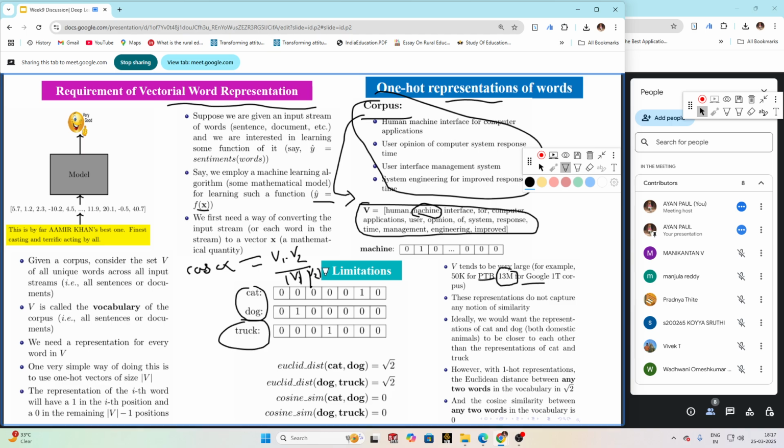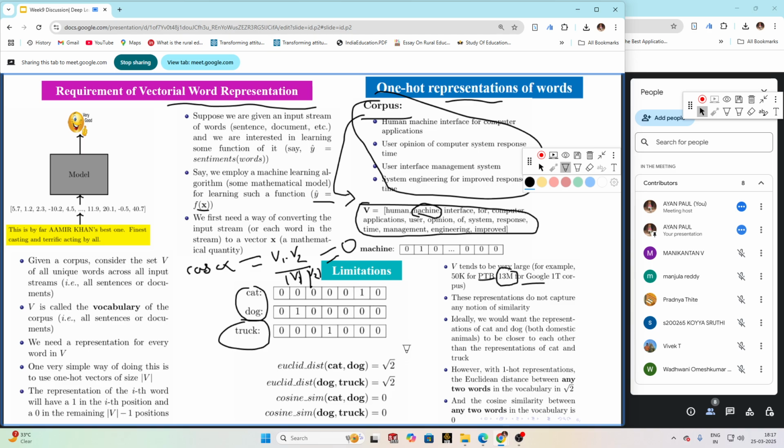We do the dot product, and the answer will come 0, because the second position in this vocabulary is assigned to dog, that is why 1, but for cat the sixth position is assigned. So whenever you multiply these, your answer will always come 0.